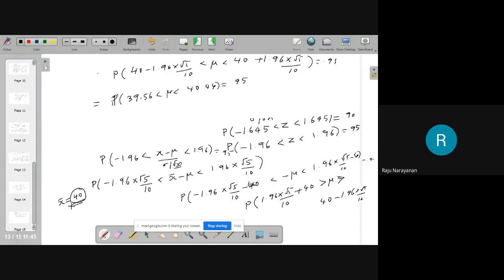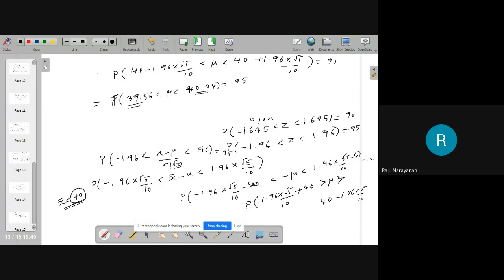40. Sample mean is a point estimate for the population mean. But here you are getting an interval. There's a probability that in 95% of the cases, the mu will be between 39.56 and 40.44.